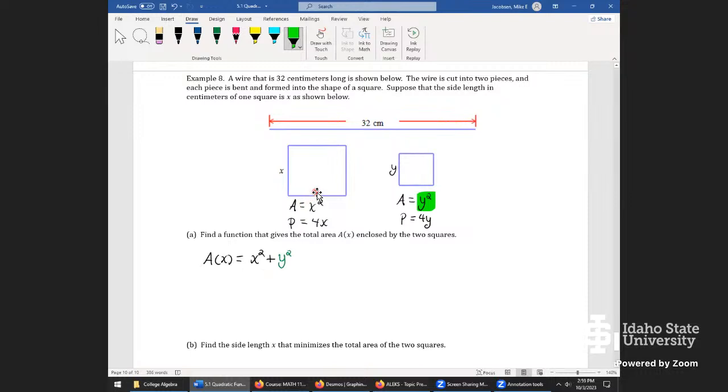Now, going back to the drawing board on this, we put down an area formula, we put down a perimeter formula, but we still haven't even worked with this right here, the wire that was 32 centimeters long. So let's think of what's happening with this wire. There's a perimeter of 4x, and you can imagine if that first square is a little bit longer, it's going all the way up to maybe, say, here. I don't know where exactly until we determine what 4x is equal to.